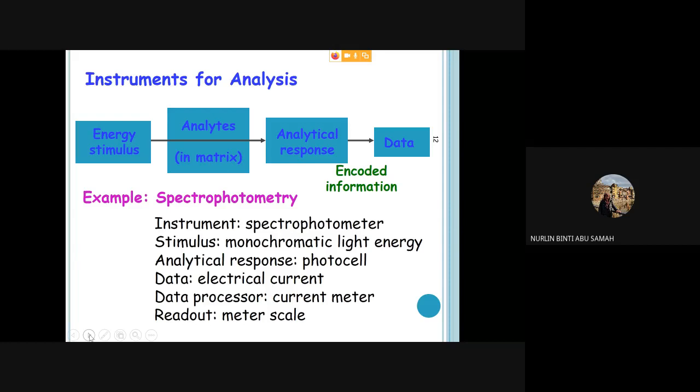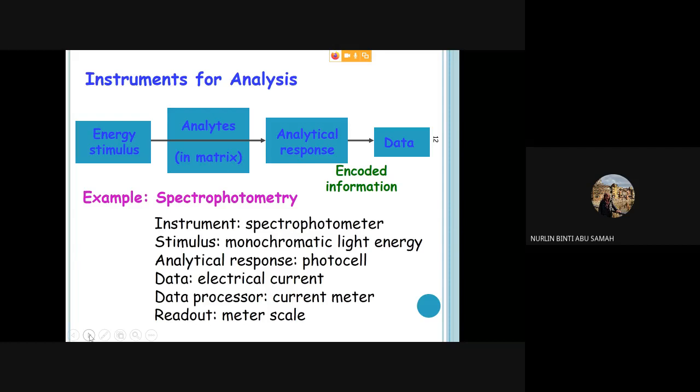For this example of spectrophotometry, the instrument is called a spectrophotometer. Jangan confuse spectrophotometry dan spectrophotometer. Instrumen kita panggil sebagai spectrophotometer, tapi method kita panggil sebagai spectrophotometry. So these are two different things, walaupun ending dia tu lain, metri dan meter.